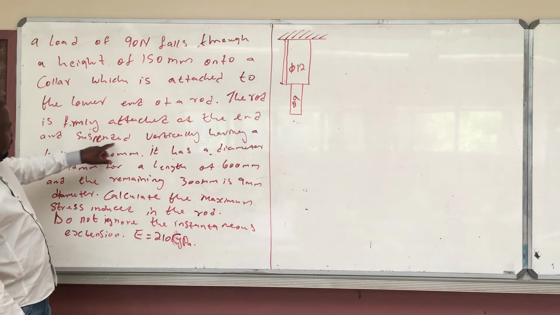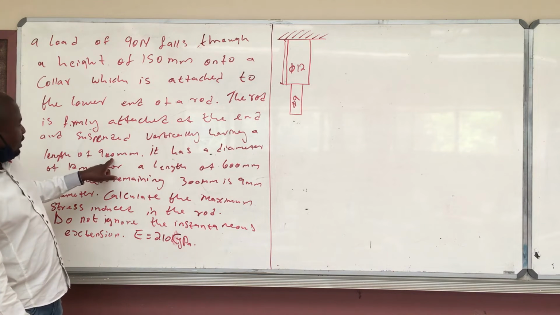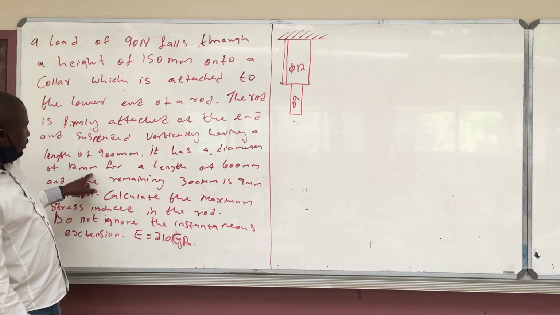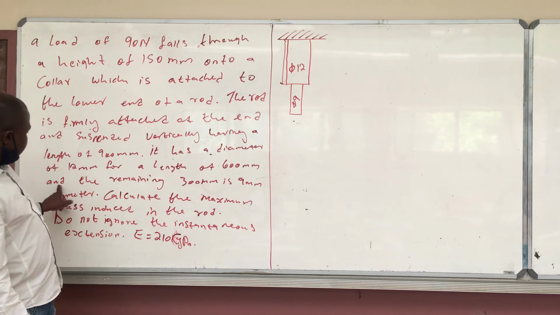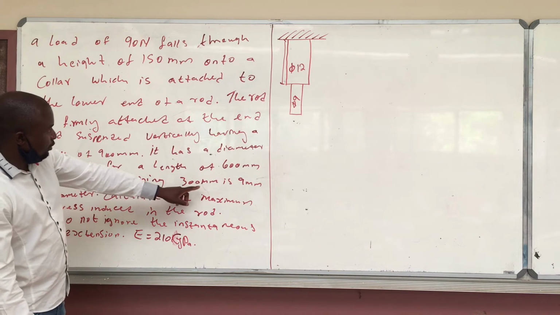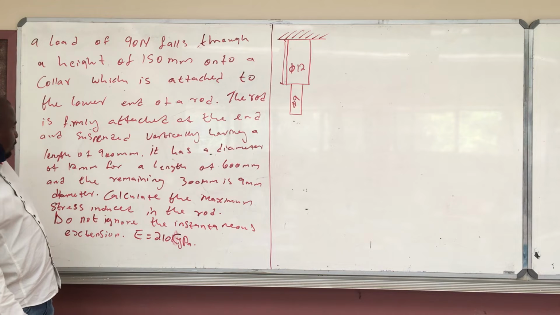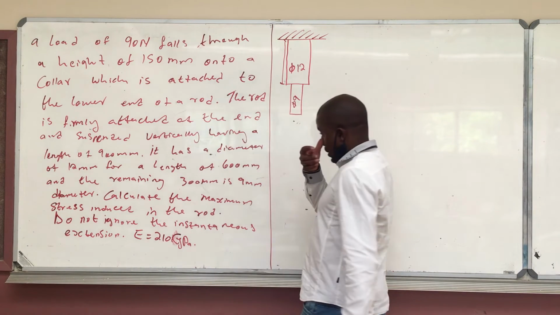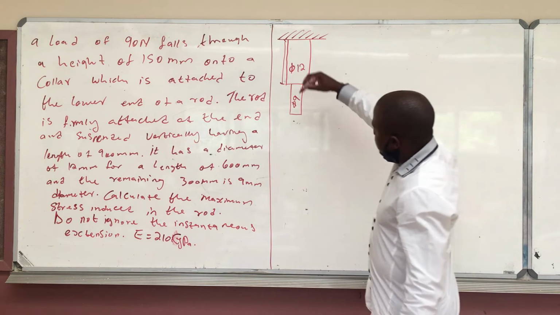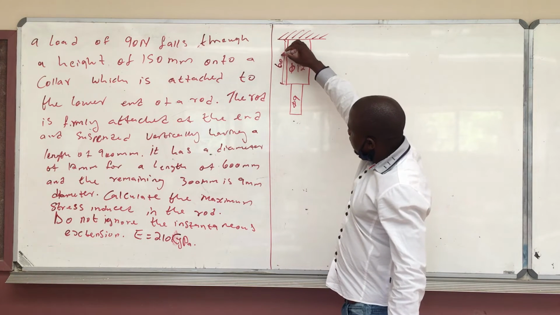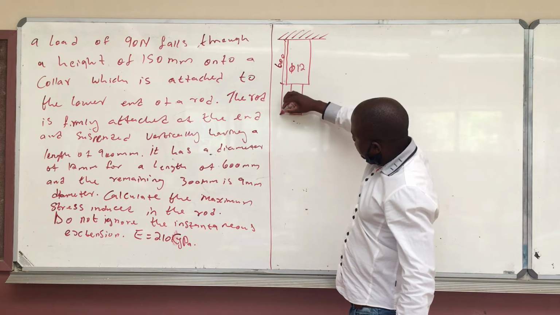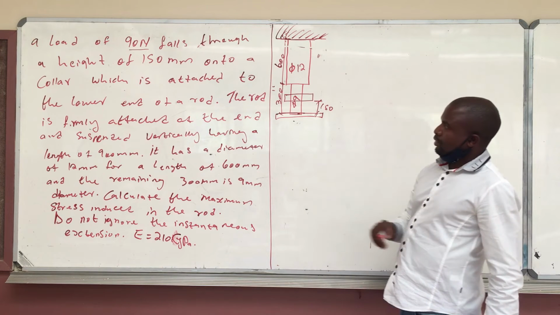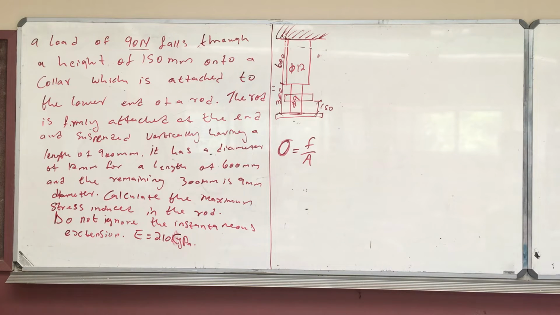They say it is vertically having the length of 900. It has a diameter of 12, for the length of 600, and the remaining 600. This one is how much? 600. And this one? 300, somewhere there to there, which is 150.